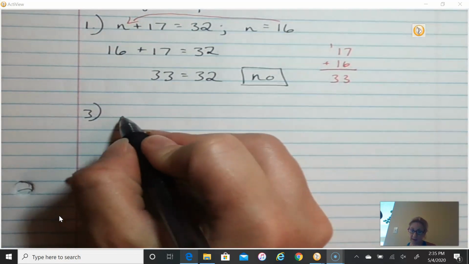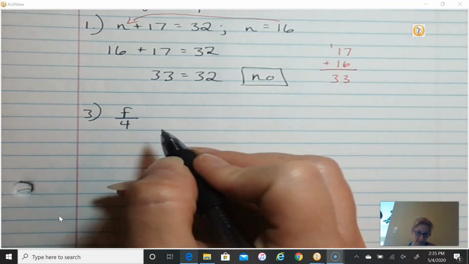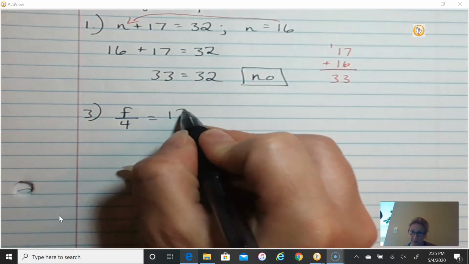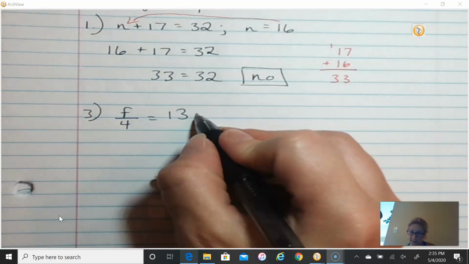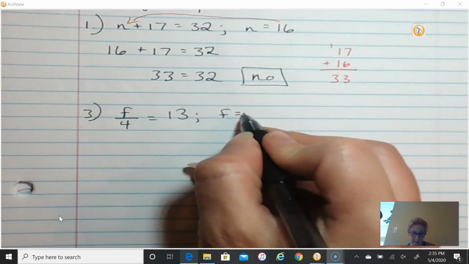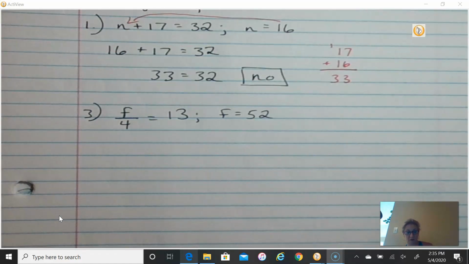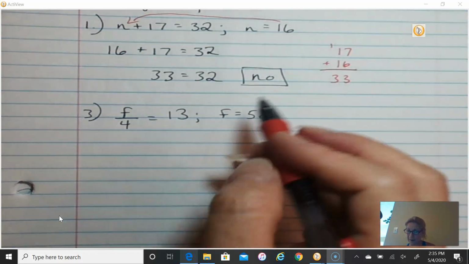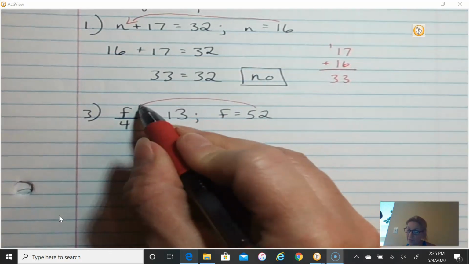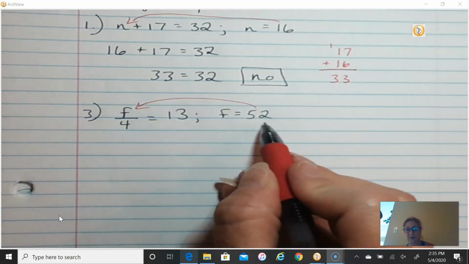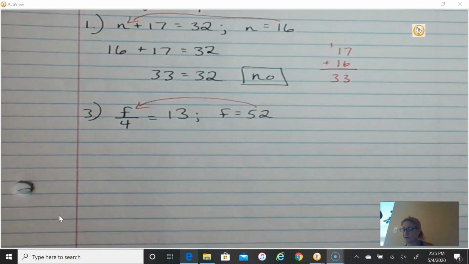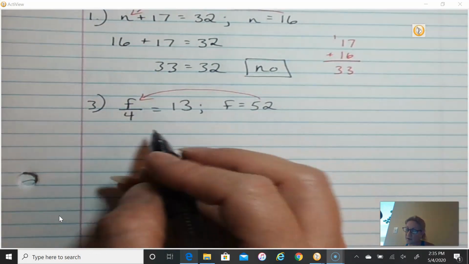f over 4 equals 13. And they want to know if 52 is a solution to the equation. So we're going to substitute. Since they said f is 52, we're going to substitute the 52 in with the f.